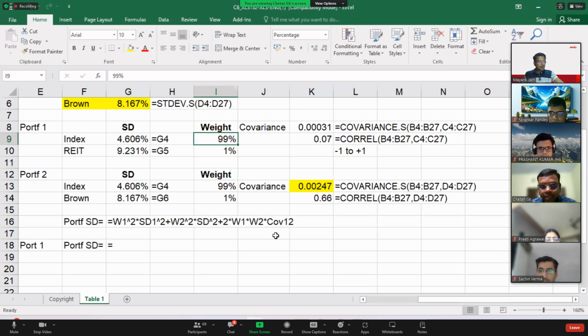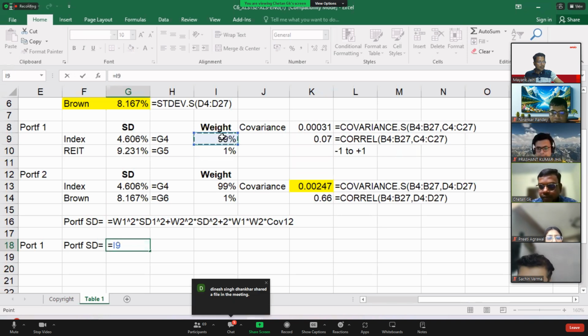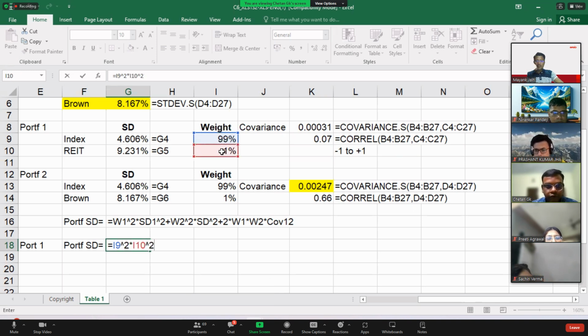Okay. So what I do is, it is equal to W1 square, right? Multiplied by W2 is this one. Do it along with me. I'll go slow so that you'll not be missing out.